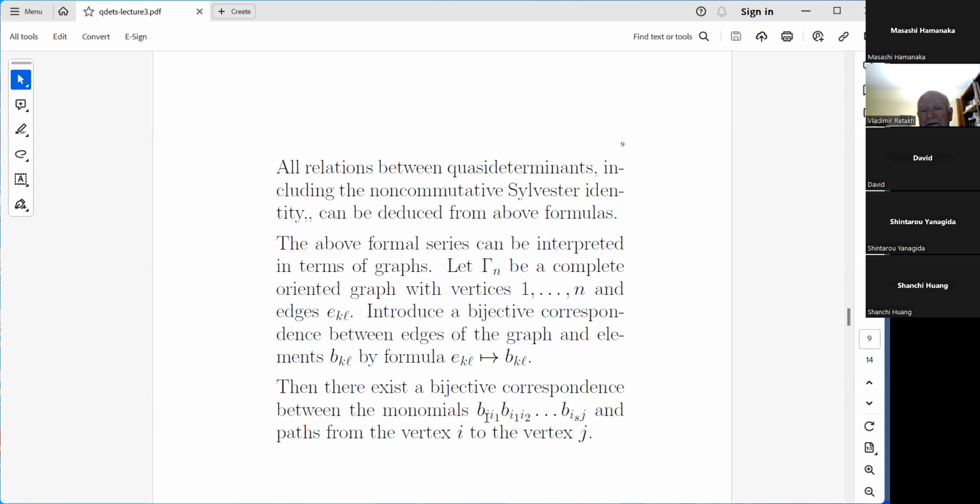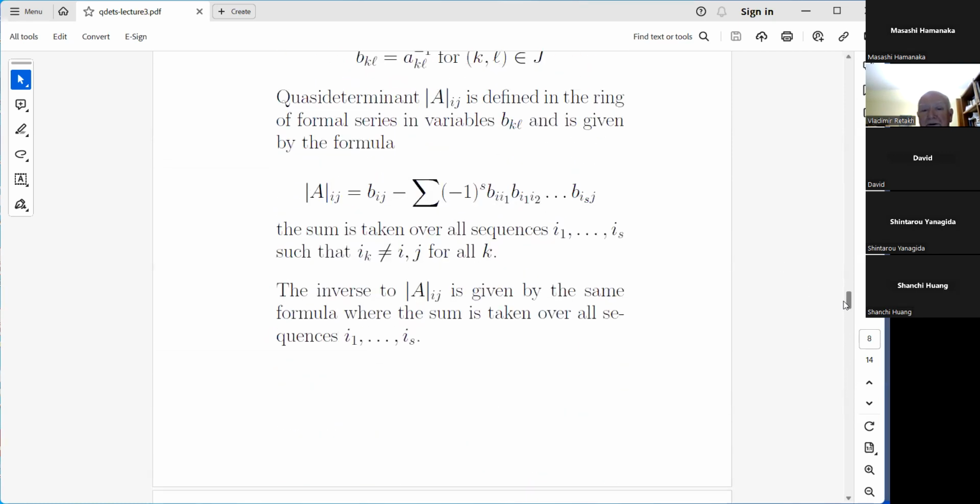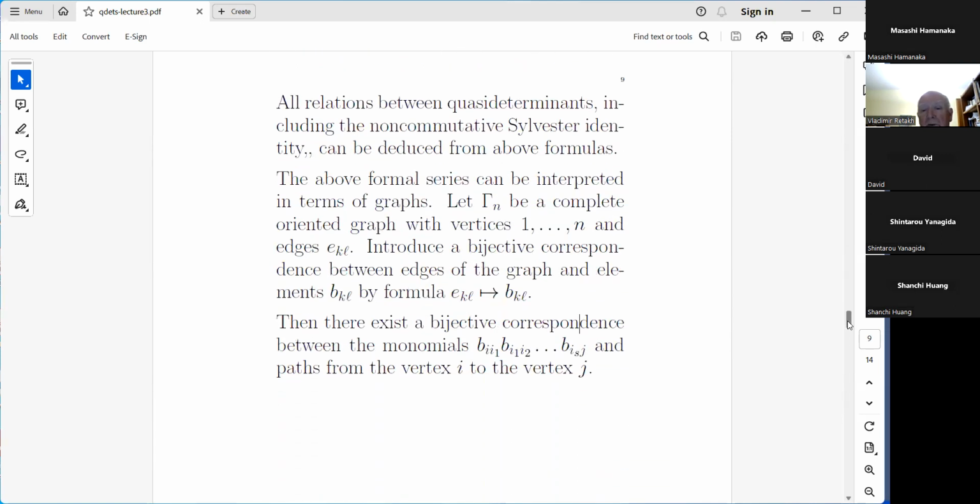And then when I have this monomial from this sum, this monomial corresponds to a path from vertex I to vertex J. So I have a bijective correspondence between monomials and paths, and my formal series means that I have to travel from I to J in all possible ways, and then consider a linear combination of these paths.